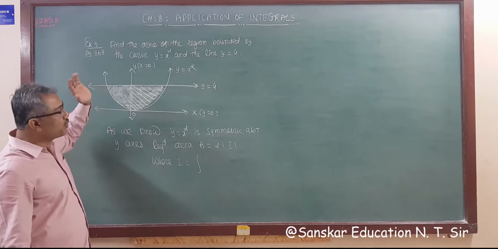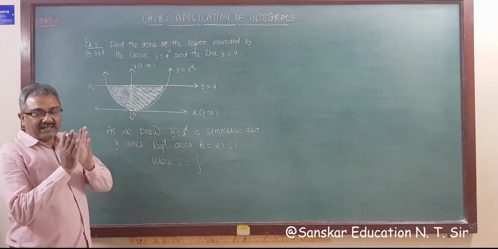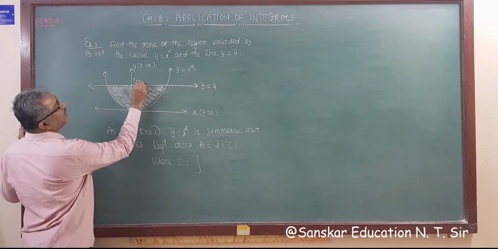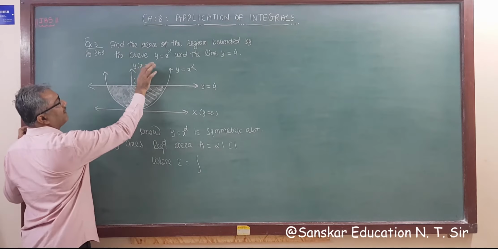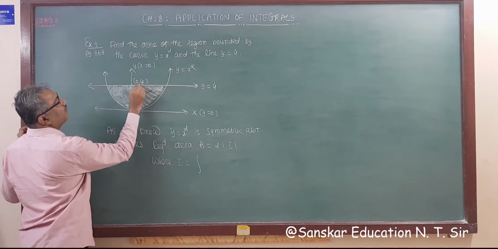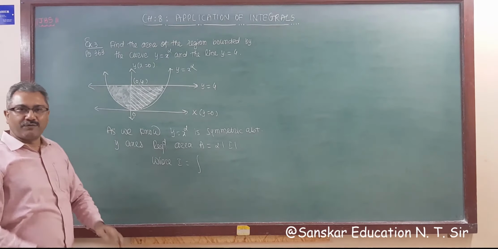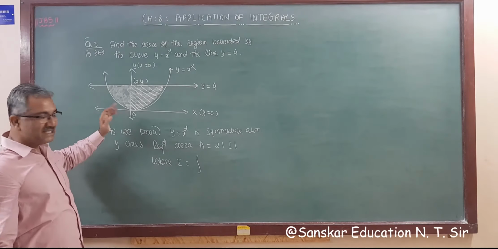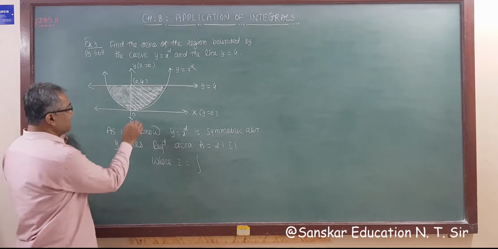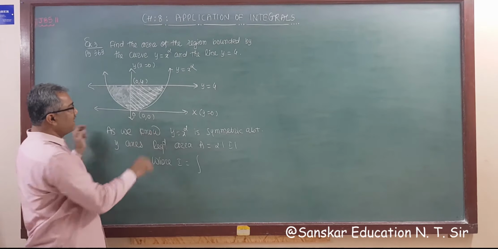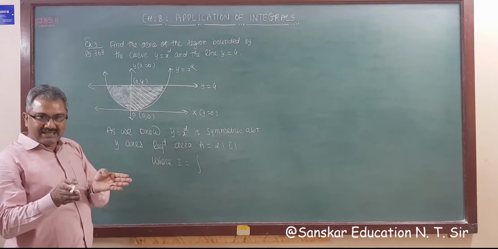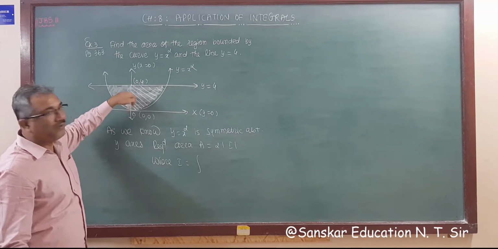Now we have two parallel lines on the y-axis, and this is the point 0, 4, x is equal to 0, y equal to 4. So what is our limit? On the y-axis we have to take the y coordinate. This is 0, 0, so the limit is from 0 to 4.